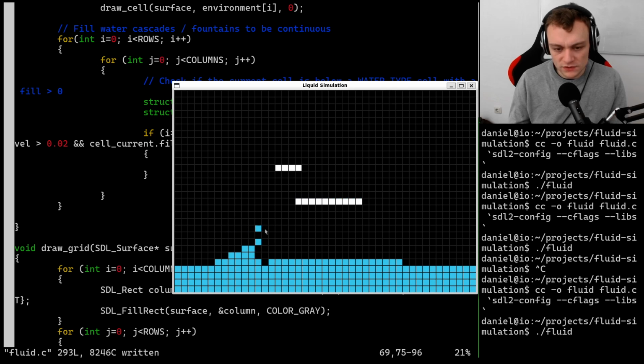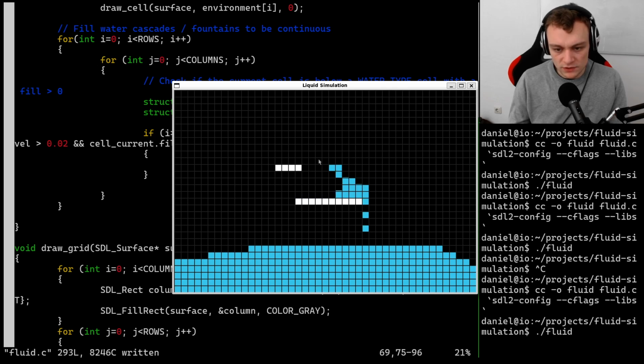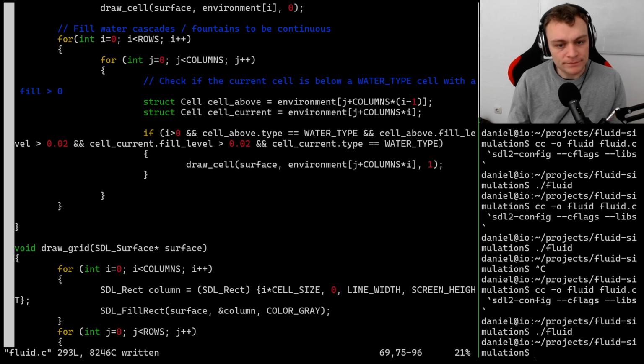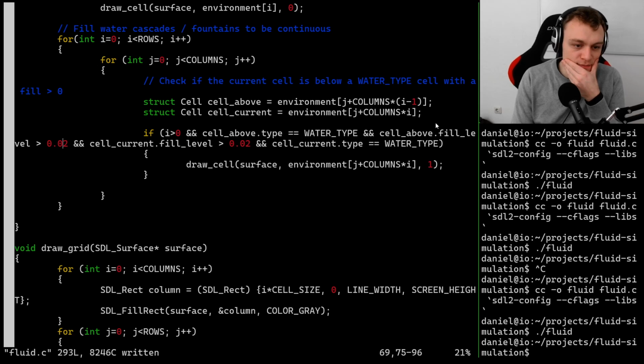Not perfect, but it is okay. Maybe this pattern, checking the cell above and the cell below, is not really good. It shouldn't depend on the cell above, actually.